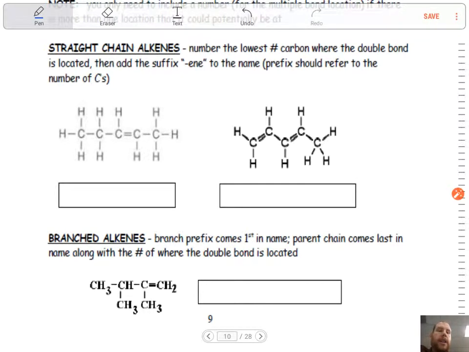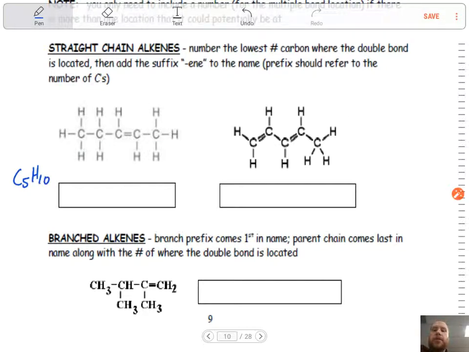So let's take a look at this example. Straight chain alkenes are the same type of idea as those alkanes. The only thing that changes now is that there's a double bond, so we've just got to identify where that is. Start with counting your longest chain: 1, 2, 3, 4, 5. So there's 5 carbons. If I were to write that formula, it's C5, and then H: 1, 2, 3, 4, 5, 6, 7, 8, 9, 10.